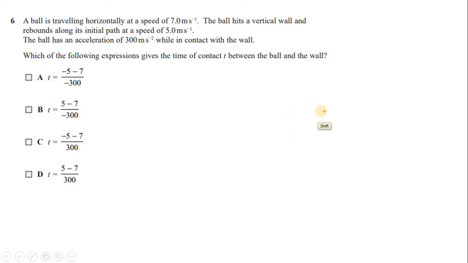Okay, so this is the wall, and we have a ball traveling rightward with a speed of 7 meters per second, and then the ball hits the wall and rebounds, going back with a speed of 5 meters per second.